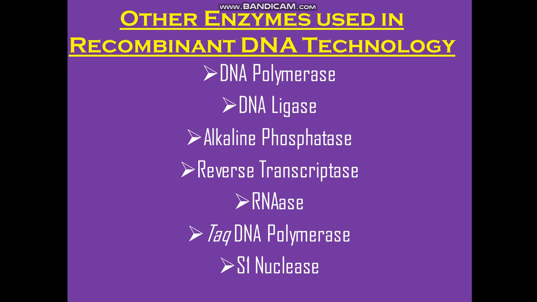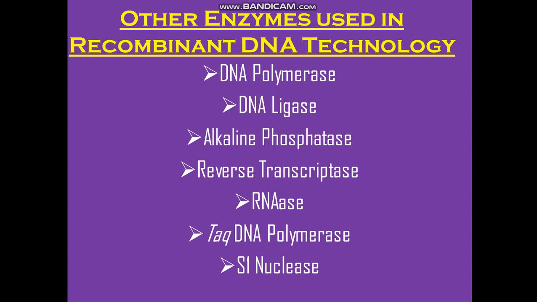These Thermus aquaticus bacteria can survive high temperatures. So when they are surviving at high temperature, of course they will have a DNA polymerase which can form DNA at high temperatures. So we are using DNA polymerase extracted from Thermus aquaticus in this technique also.